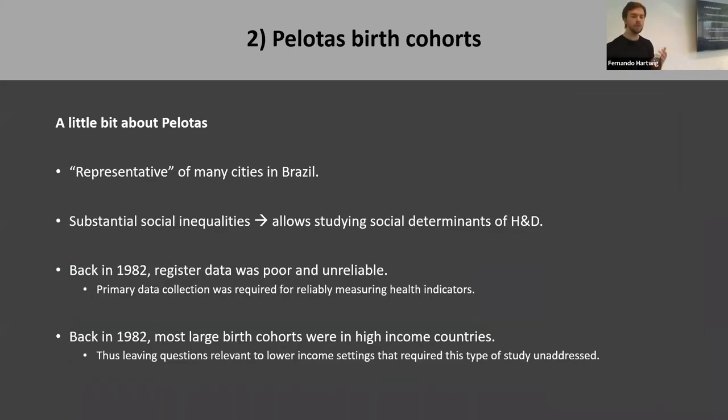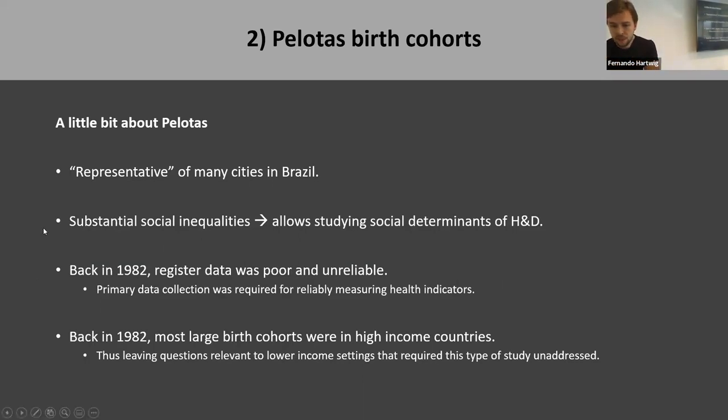So what we saw in the previous figure is that Pelotas is, in big quotes here, representative of many cities in Brazil. And the thing about it is that we have a lot of heterogeneity in the same city, so we can capture different realities depending on the subgroup of the population we look at.